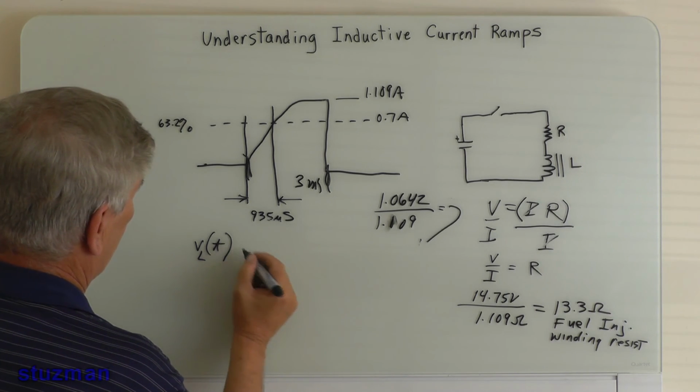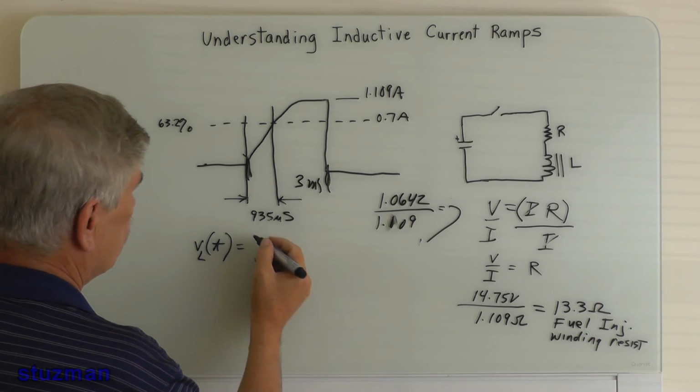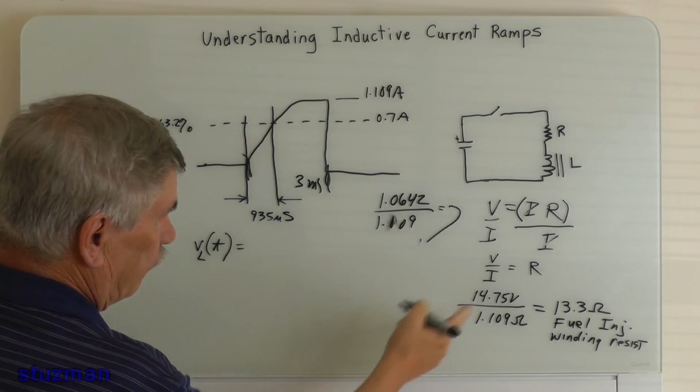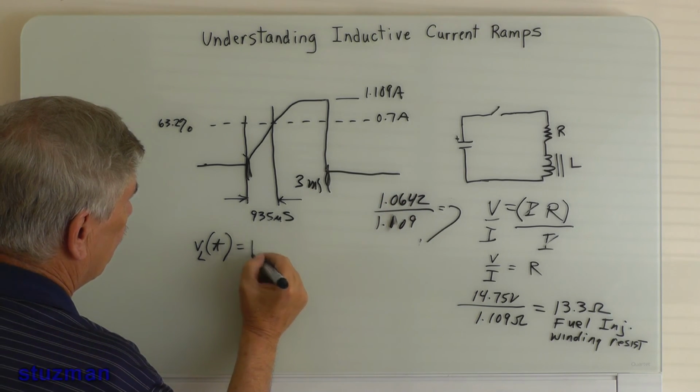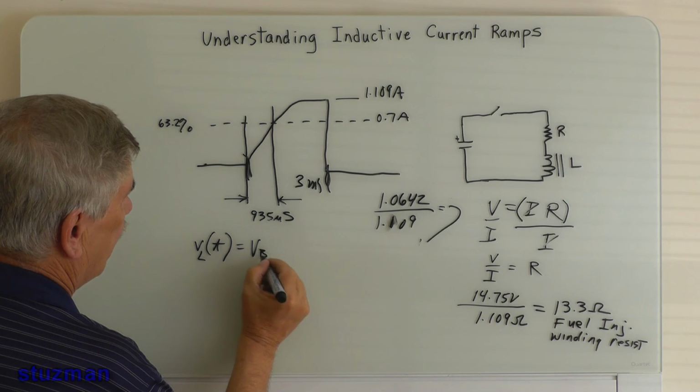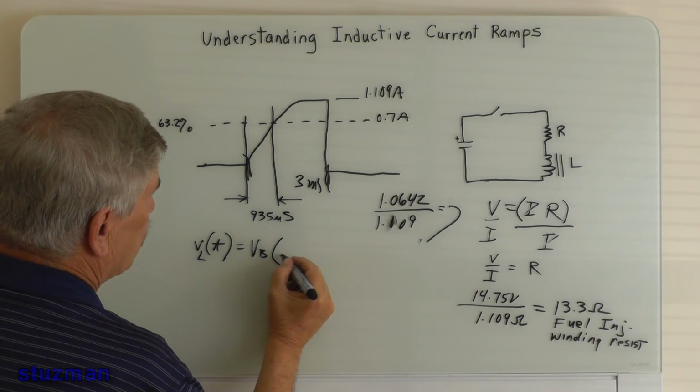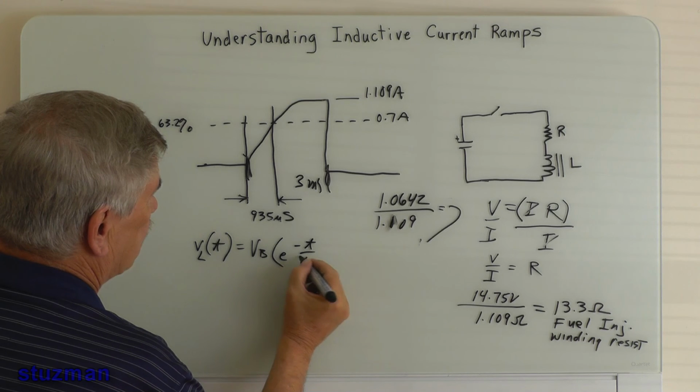So let's say we're looking at our battery voltage. What is our battery volts? 14.75. Let me just write it out. Voltage battery, and then our equation, which is e to the minus t divided by tau.